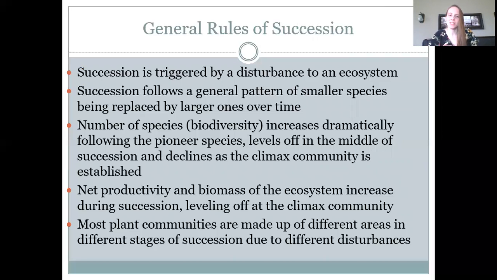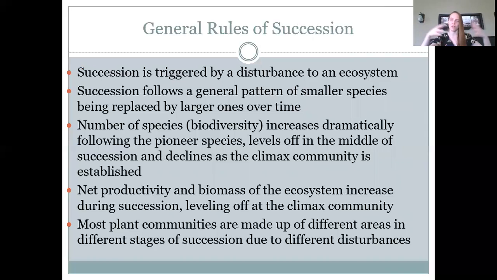The number of species or the biodiversity will increase following the pioneer species, level off in the middle and then drop back down with the climax community. Net productivity and biomass both increase the entire time until you get to the climax community, and then it will stabilize.